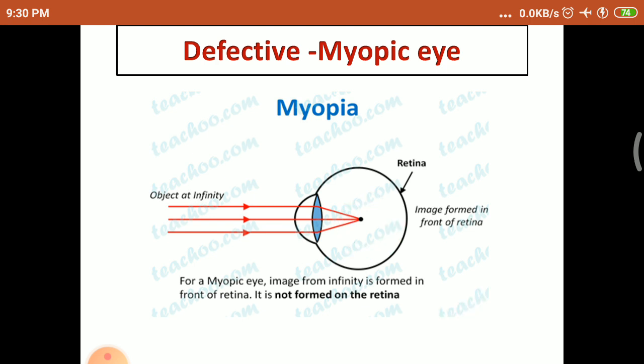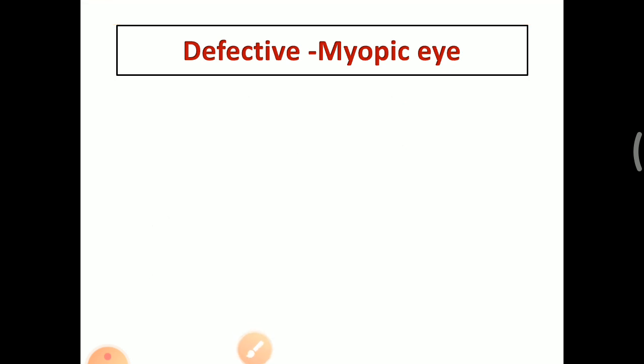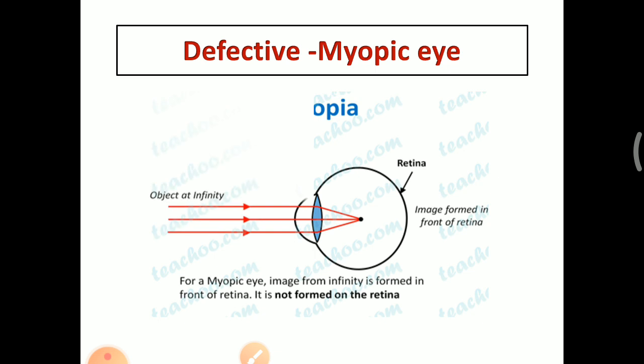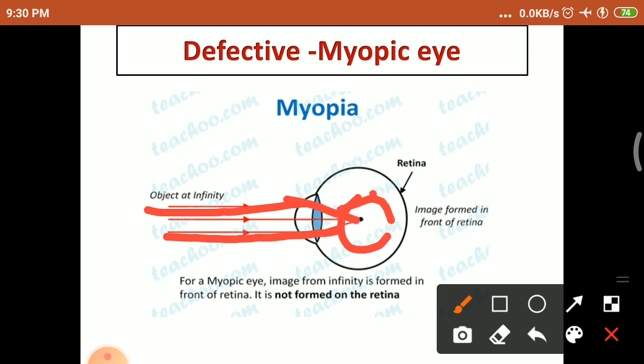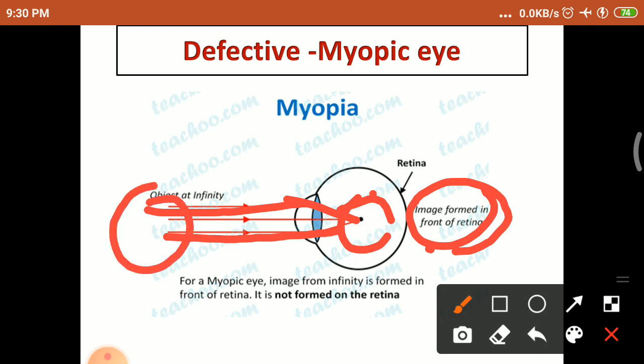When the object rays are coming from infinity, the image is formed in front of the retina. So here I have written: image is formed in front of the retina. Here the object is placed at infinity. A myopic person cannot see the object at infinity.